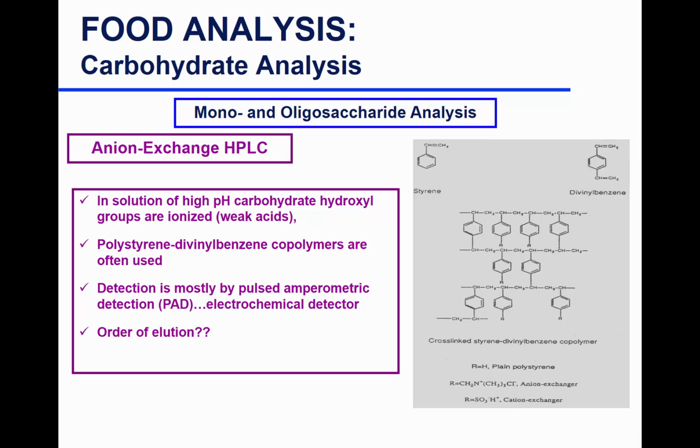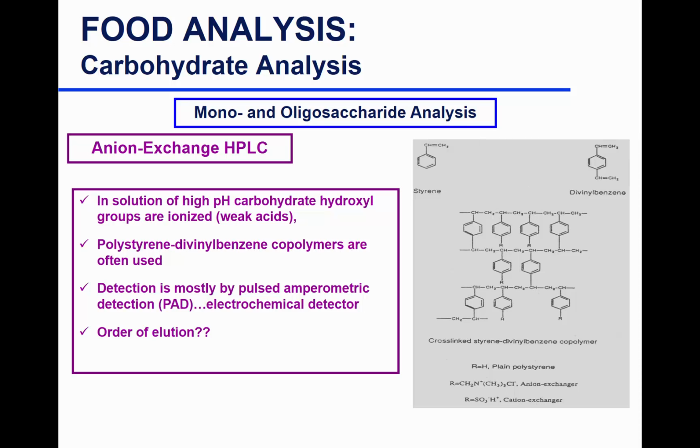So with anion exchange chromatography, you have what you've seen before in the chromatography chapter. You have the polystyrene divinylbenzene polymers, whose functional groups will be derivatized into anion exchangers.